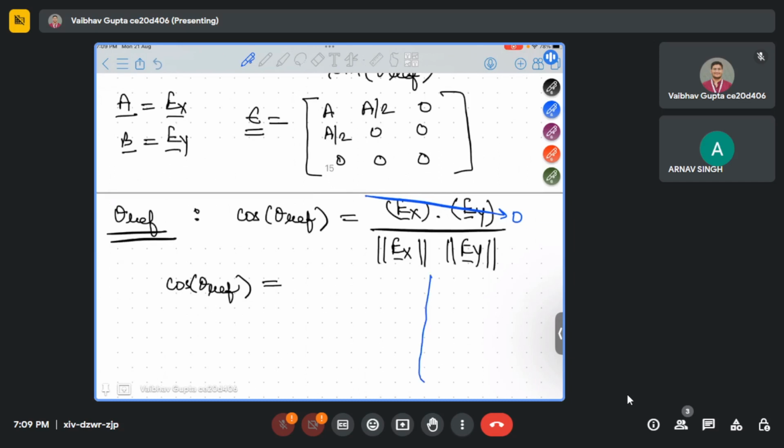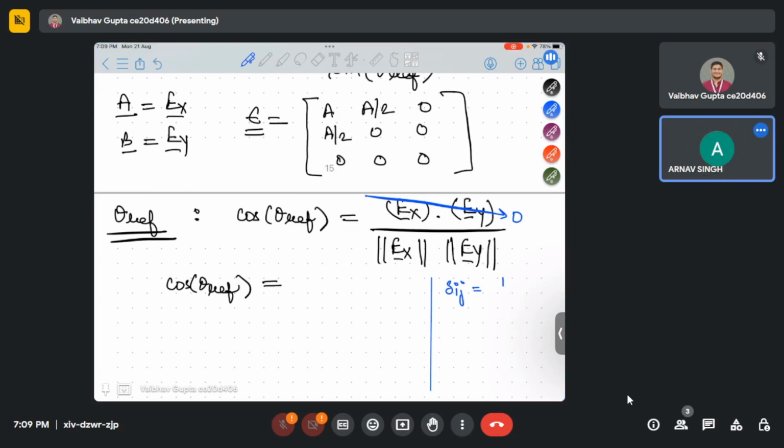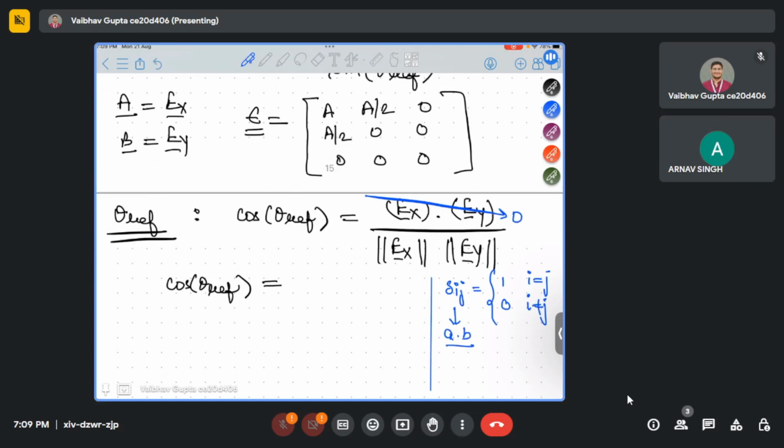See, I told you in the very first problem session that Kronecker delta ij is equal to 1 when i is equal to j and 0 when i is not equal to j. It comes with the dot product: A dotted with B equals Ai Bj delta ij.